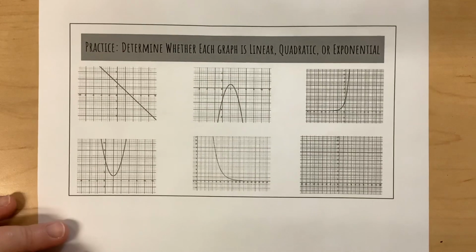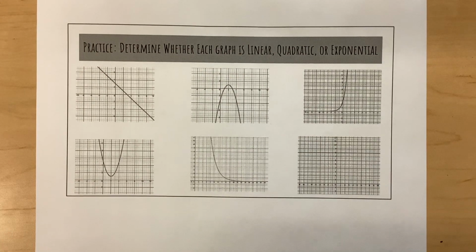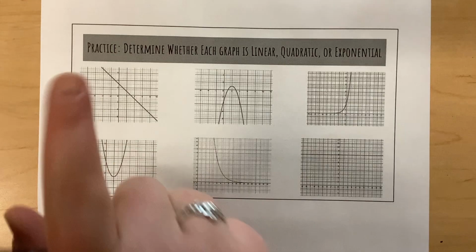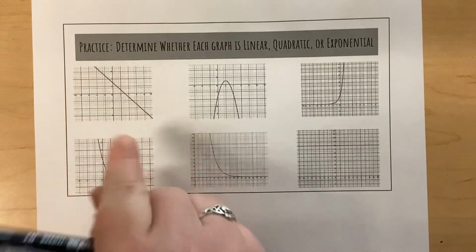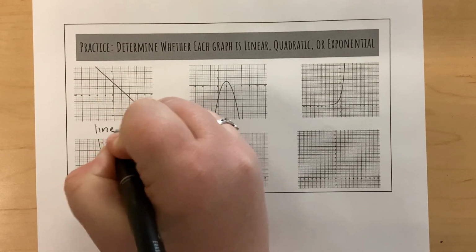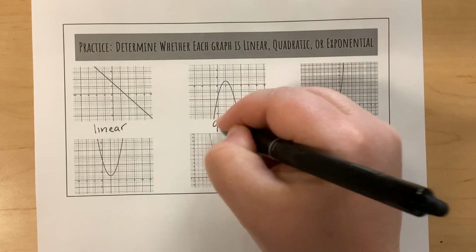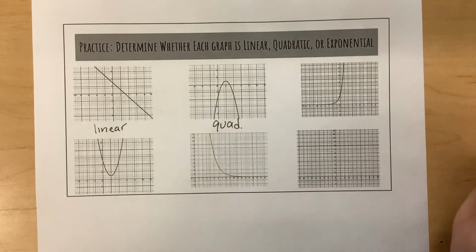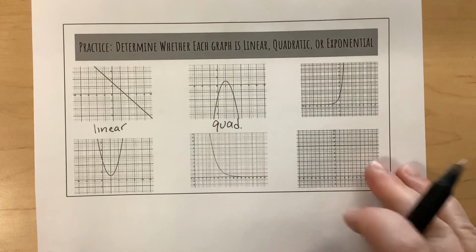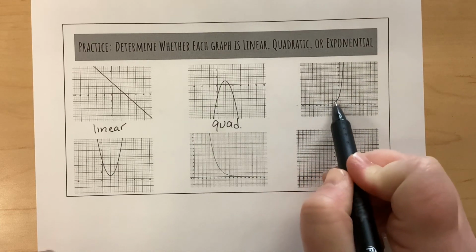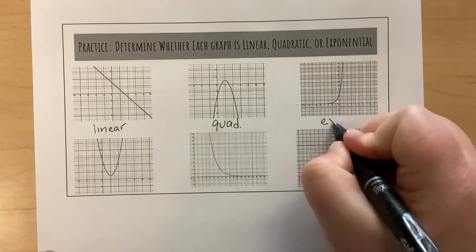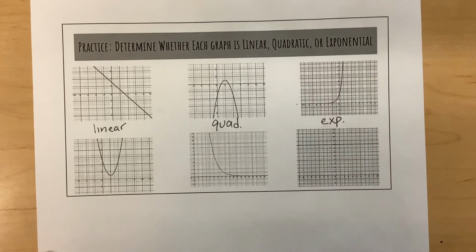All right, so for each graph, let's decide if it is linear, quadratic, or exponential. This first one here is a straight line, so it is linear. The second one here is U-shaped, so this one is a quadratic. This one, it's probably hard to see here, but it is flattening out right here, and then it increases very quickly, making this one exponential.